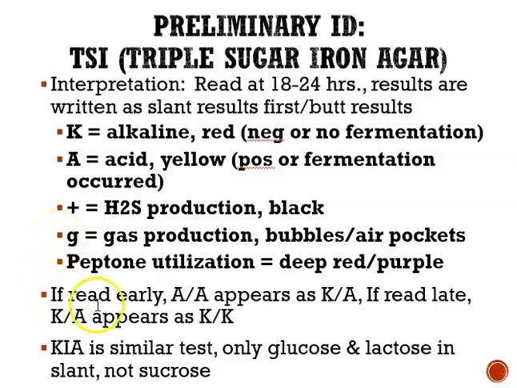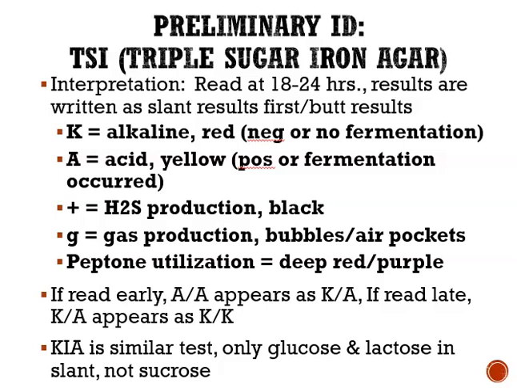I said that you have to read the results between 18 to 24 hours. If those results are read too early, a tube that should appear as A over A would appear as K over A. If it's read too late, one that should appear as K over A would appear as K over K.